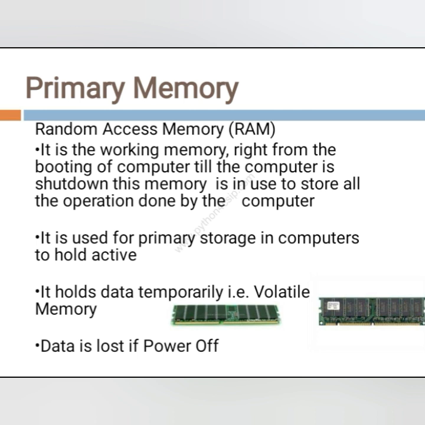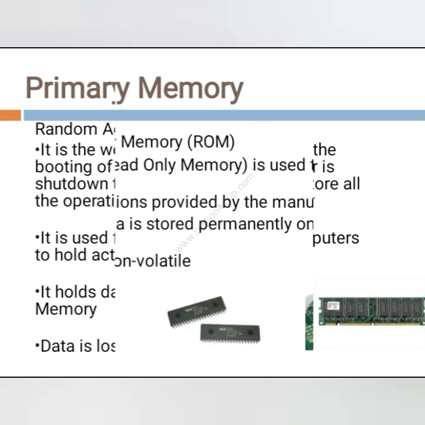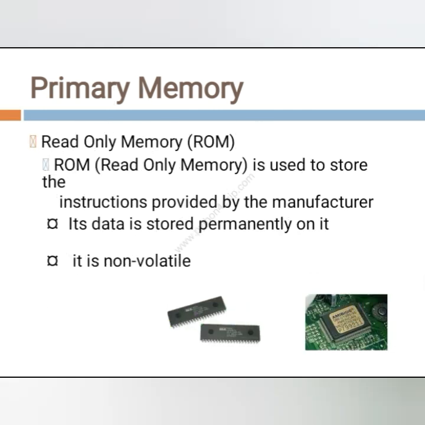Data is lost if power is off. So if you are storing data in primary memory, it will be there only if there is power supply. So that it is called volatile memory. It works according to the voltage. Otherwise, it will erase all the data which are stored inside.